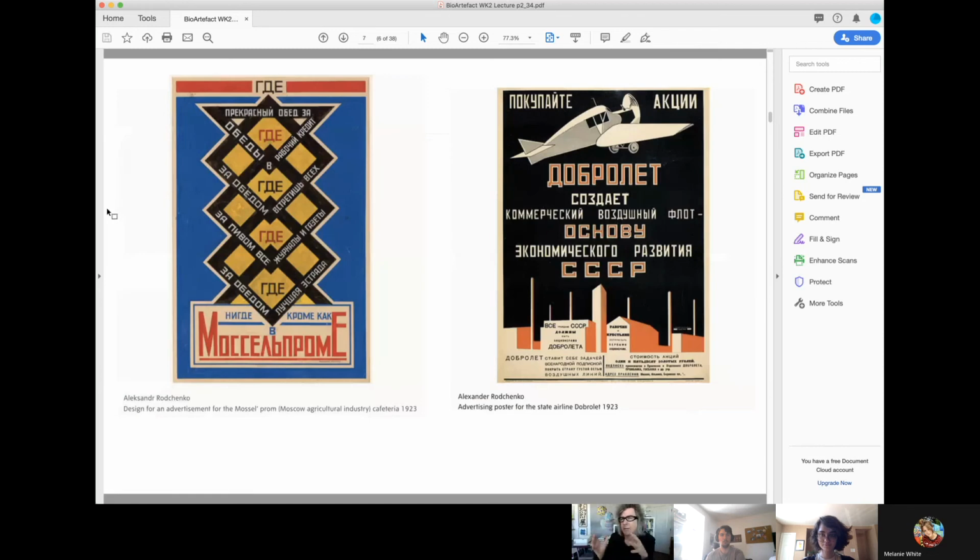It covers their work. They were interdisciplinary artists and designers. They came up with proposals for architecture, for pavilions, for products, but they also did these posters and graphic campaigns. Here you'll see two great images by Alexander Rodchenko dealing with slogans that promoted agriculture on the left, and the other on air flight.